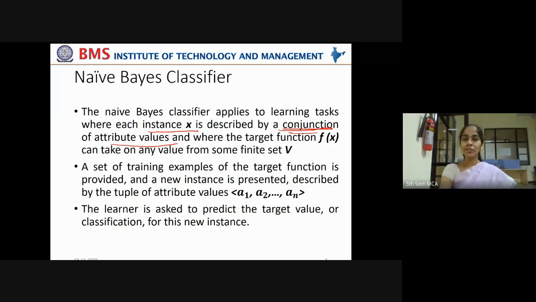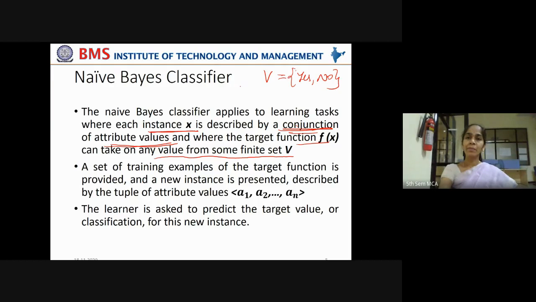So if you take a conjunction of attribute values, the naive-Bayes classifier applies to learning tasks where each instance, each training example X, is described by a conjunction of attribute values and where the target function f of x can take on any value from some finite set V. Say the finite set V has only two values, yes or no. In that case, we call it a binary classification problem.